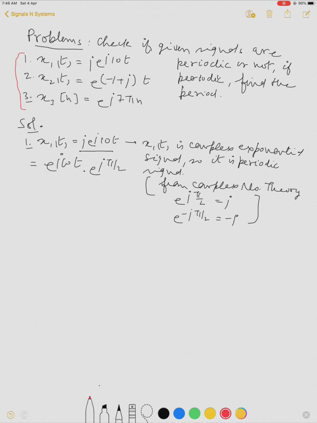We have replaced this j with e raised to the power j pi by 2. Now we need to find omega naught.